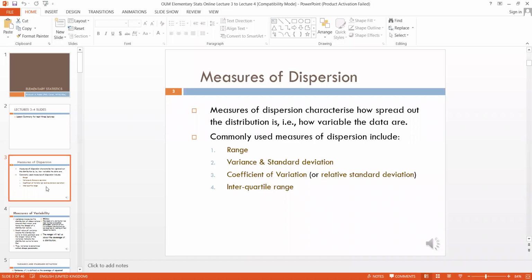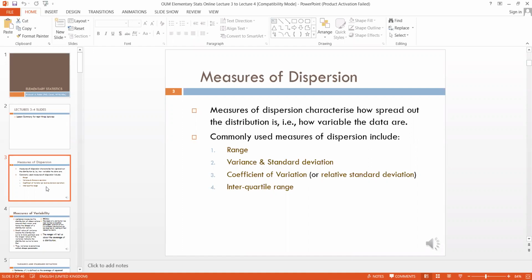Dispersion. With the measures of dispersion, we are looking at how spread out a given data set is, or the distribution of the data.